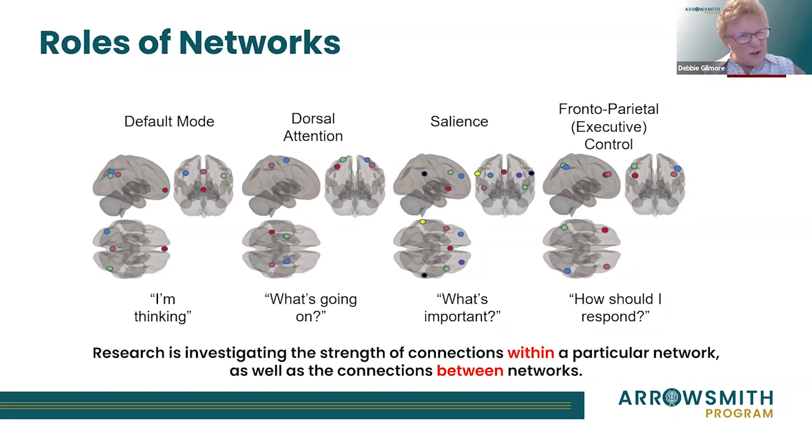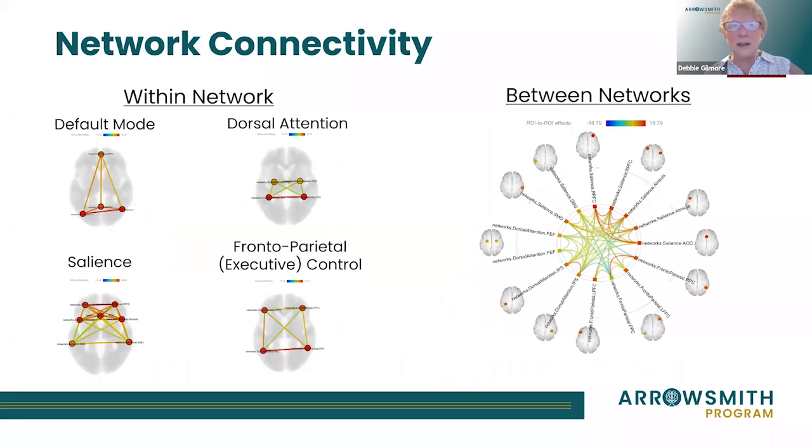So have you ever been interested in what they look like? Well, from the imaging that we're getting out of the research into Arrowsmith in our students from the University of Southern Illinois, these are some of the images of those networks. That's what it looks like. Those connections, that's what it looks like.